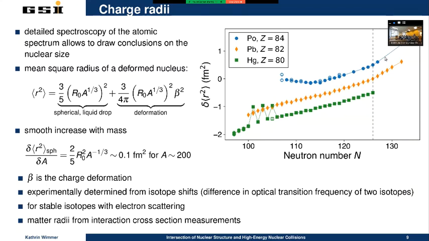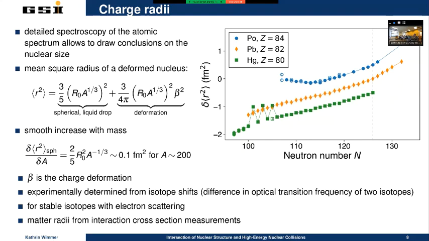But you can see that here, for example for polonium, at a certain point the charge radius increases, even though the nucleus should be smaller because it has fewer neutrons. This is a sign of deformation, because the apparent size of the nucleus grows, even though it has less A. Experimentally, these charge radii can be determined from isotope shift, the difference in optical transition frequencies between 2 isotopes, so from atomic spectroscopy.